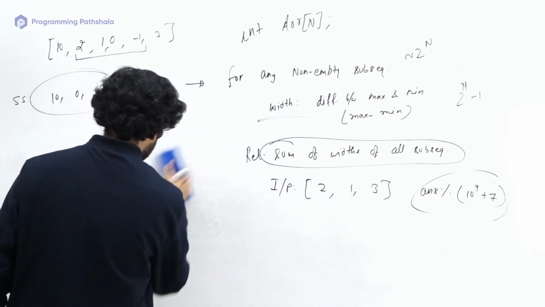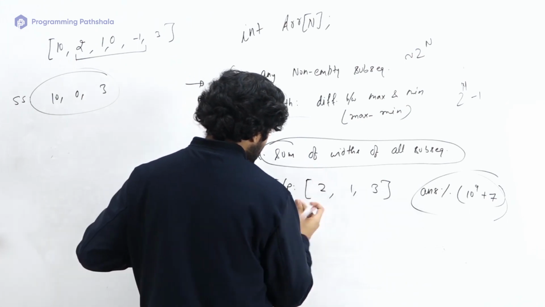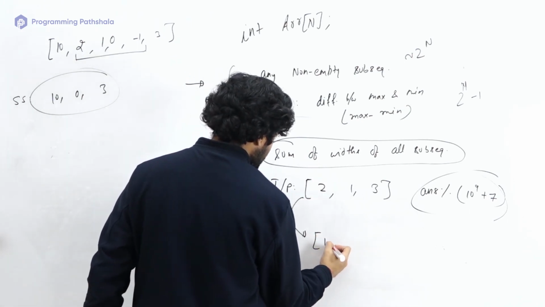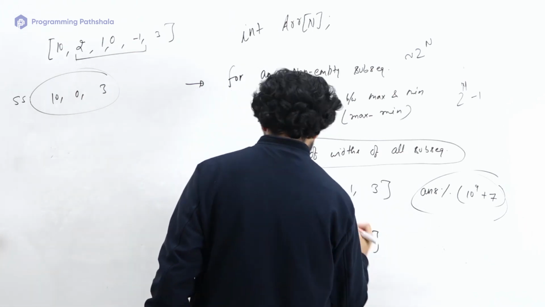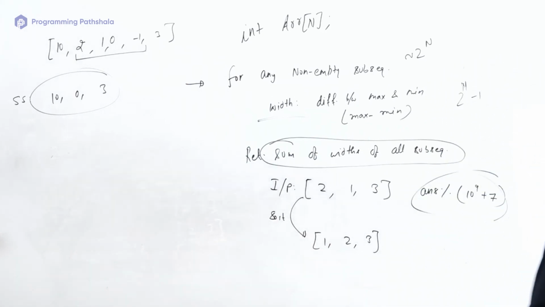So tell me one thing. If I sort this array, will the output change? Will the answer change? Yes or no? Yeah, good. All of you are right. It will not change. Why will it not change?